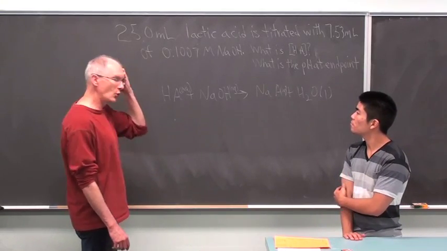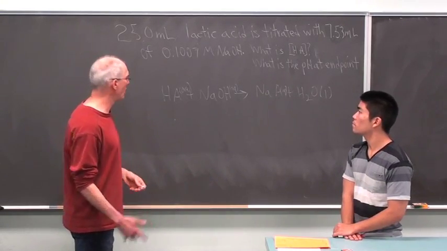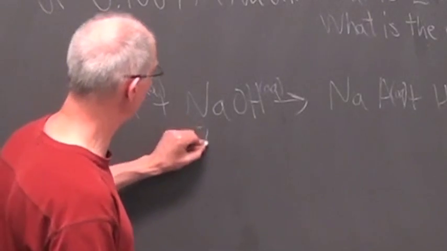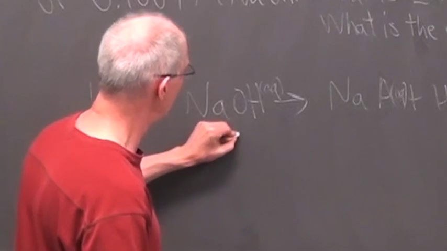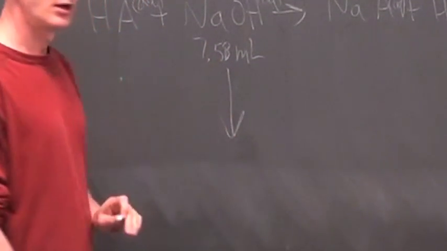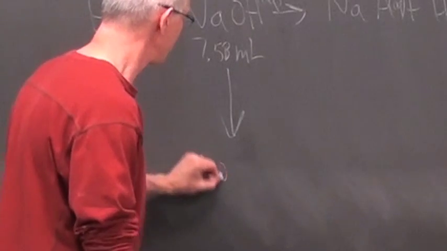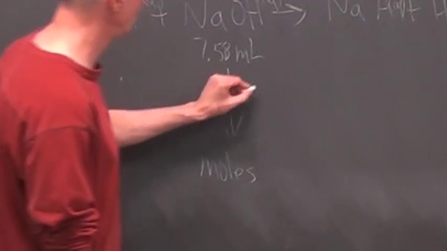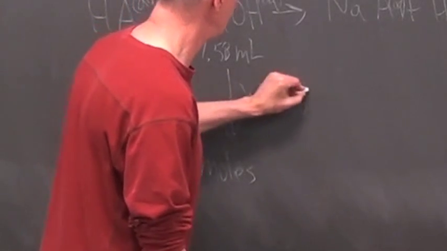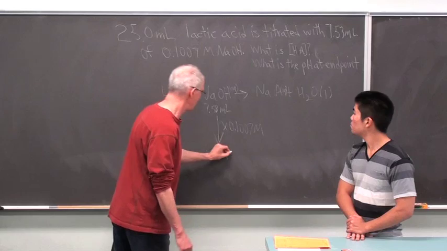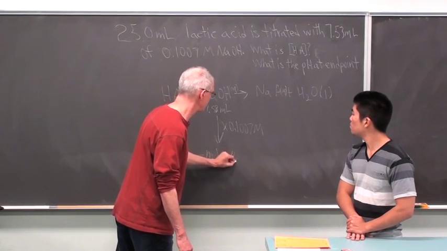There are two ways that you can do this. You can do it the long way by going through stoichiometry: I have 7.53 milliliters, and if I want to get to moles, I multiply by the concentration. That gives me moles of base.